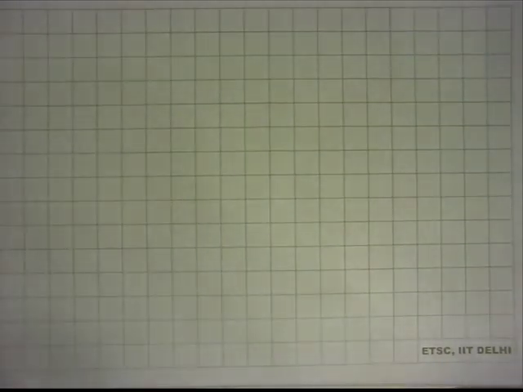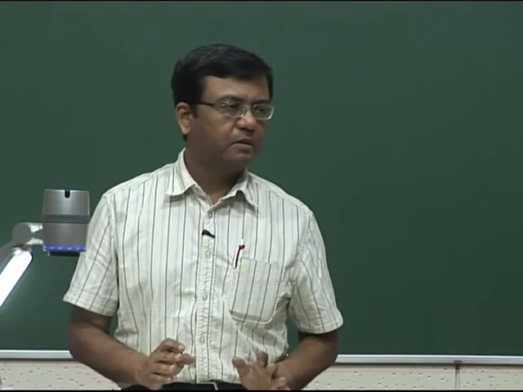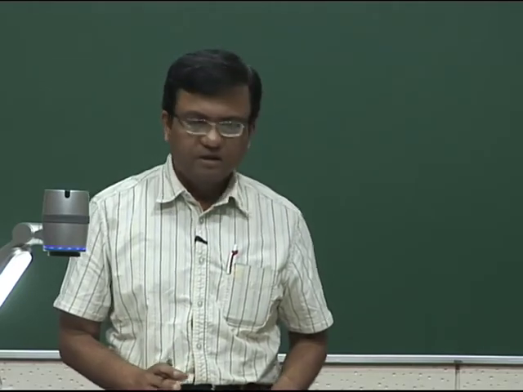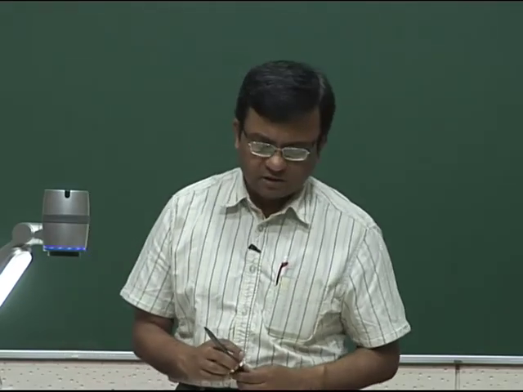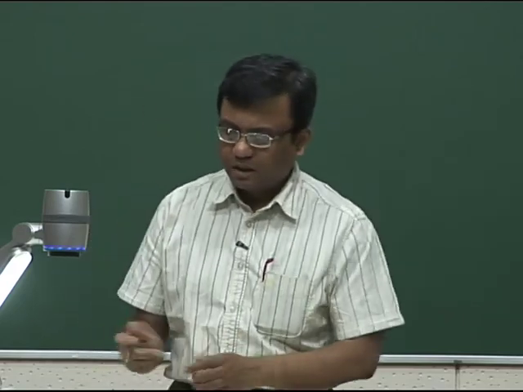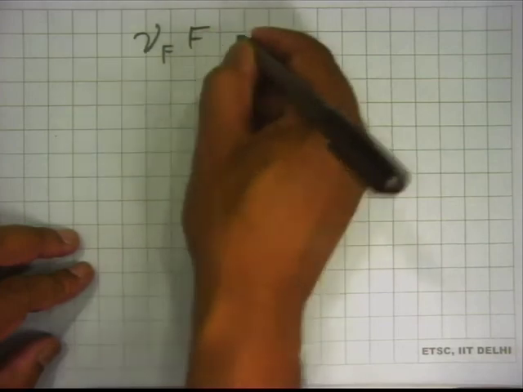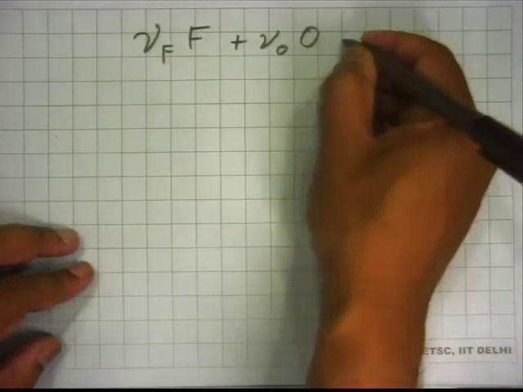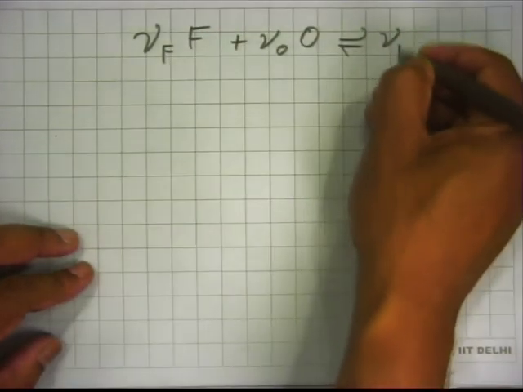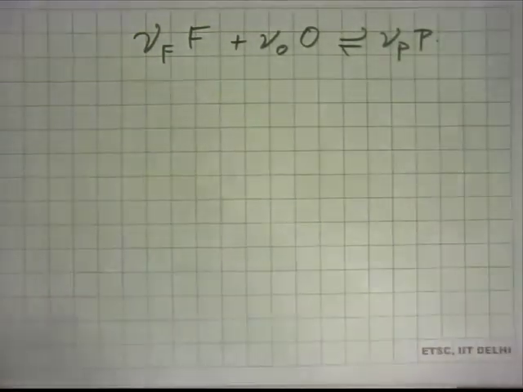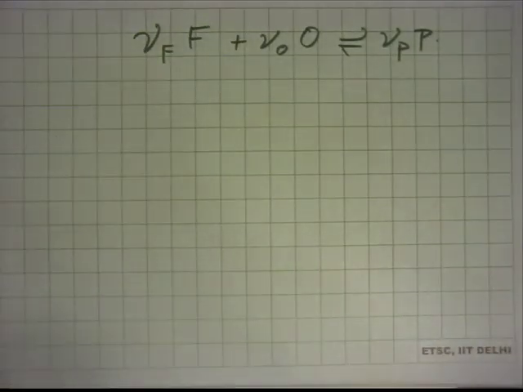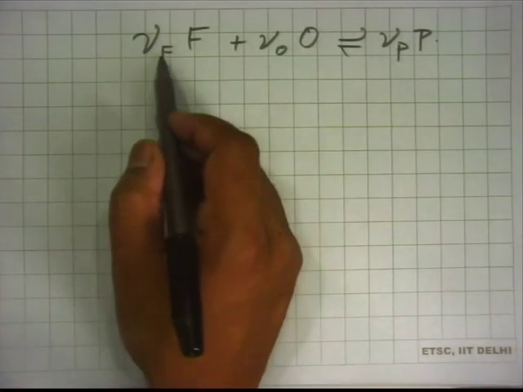How do we proceed? We'll look at the various species profiles, species equations first. This is what is happening. Nu is the stoichiometric coefficients of this equation.